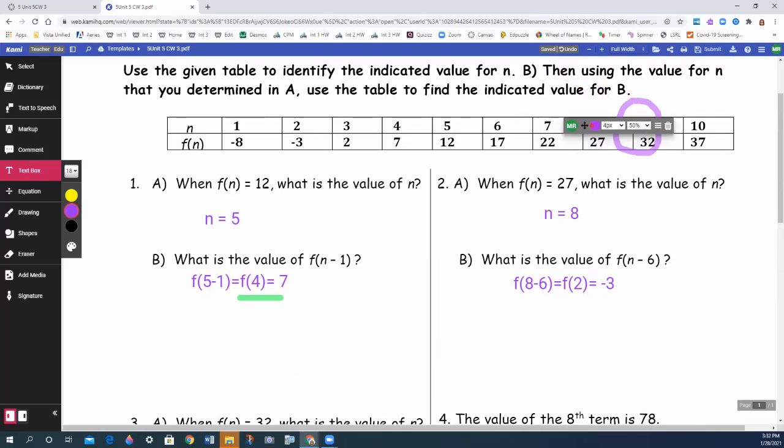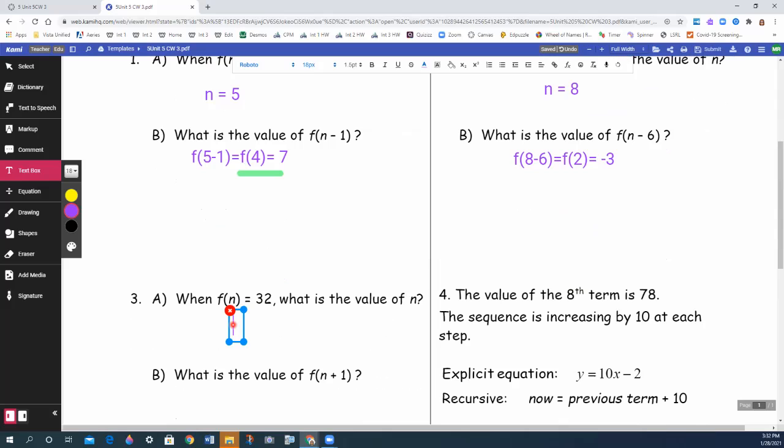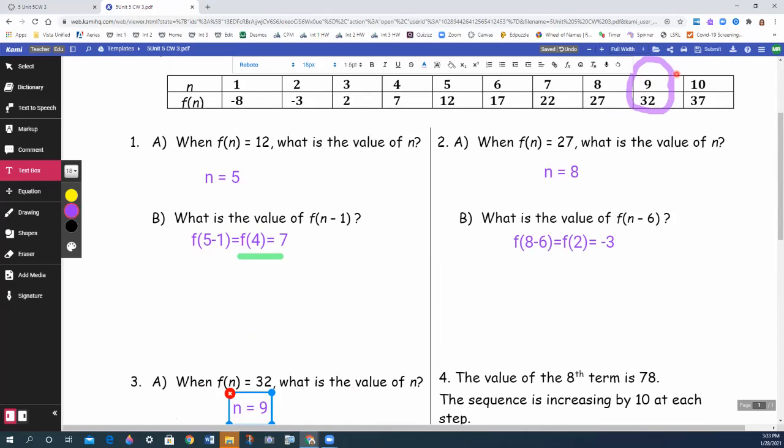So it's 32 right here at 9, the 9th term. Okay, so n equal 9. And then this time it says, what's the value of f of n plus 1, which means I'm really going one after it. I want the one after it, not the one before it. So I really want the 10th term, which is 37.